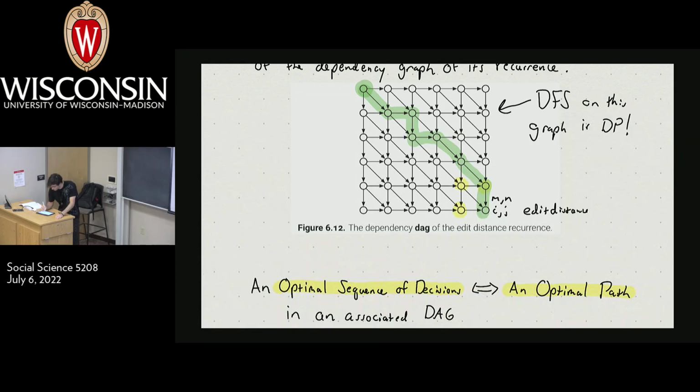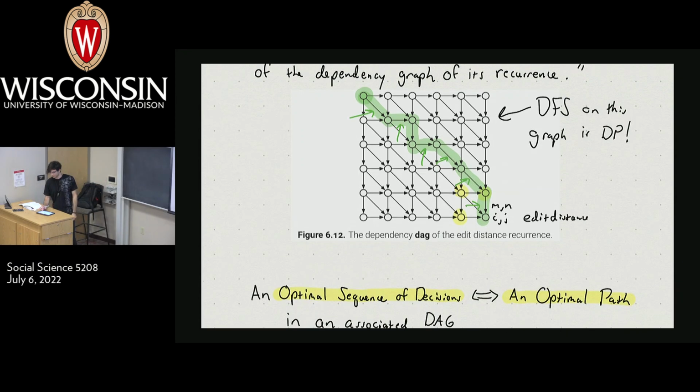So this would be something like, that's a substitute, that's an insertion, that's an insertion, that's a substitute, substitute, and then a deletion. So this is an exact equivalence between the sequence of decisions you're trying to compute in DP algorithms and this optimal path you generate through the DFS. Okay?